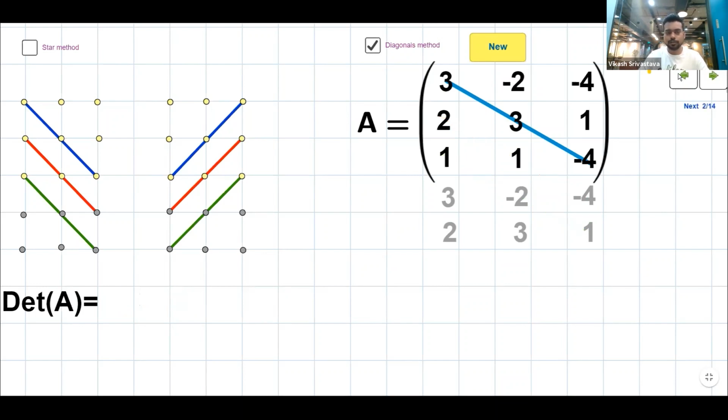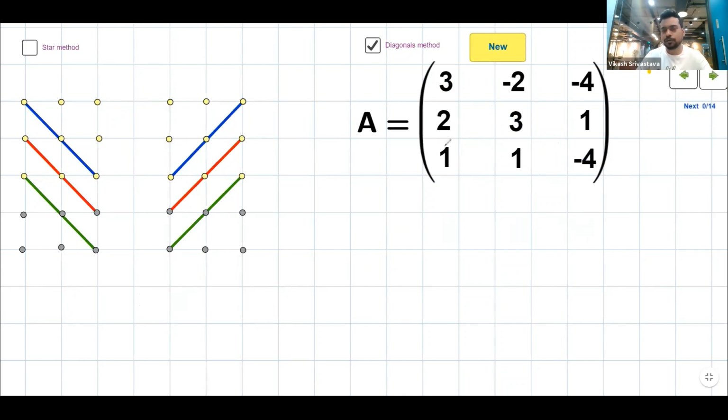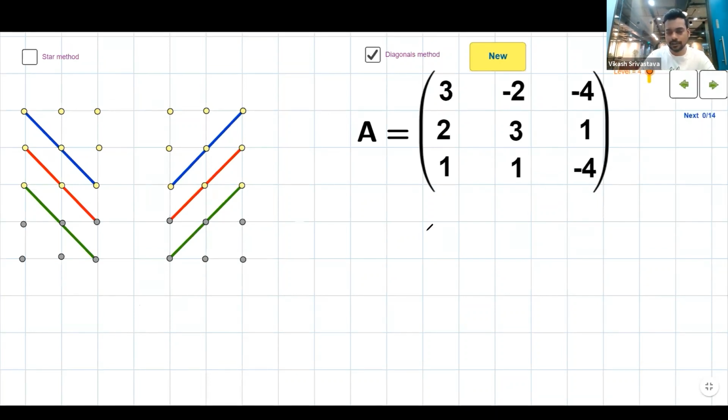If you want to calculate the determinant in this case, you know from earlier that we can write this as 3 into minus 4 minus 1 into 1.